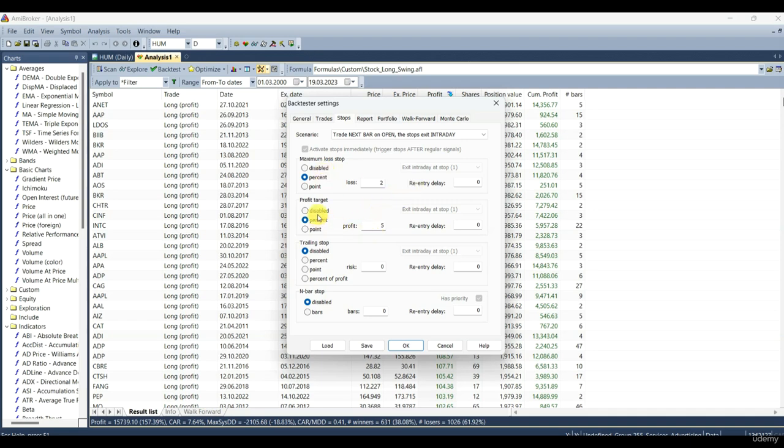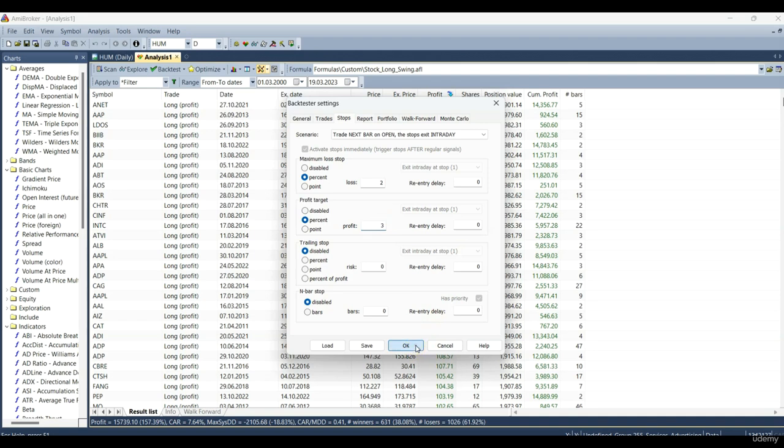And if we increase the targets, we can reach higher targets, but also sometimes the position can turn into loss more often. So we have to balance by experimenting.